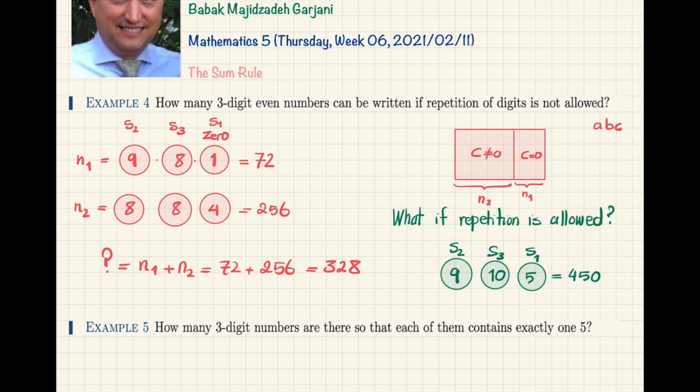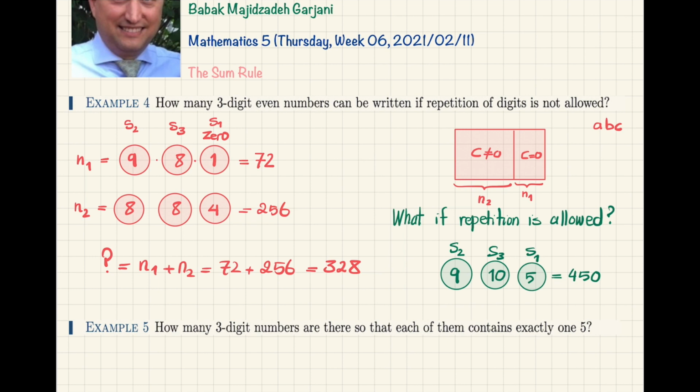But when it comes to even numbers, we were not able to solve it with one product rule. The reason is that I have 2 parts that interfere with each other in this case. 0 can be here for having an even number. On the other hand, 0 cannot be here because the left-hand side digit cannot be 0.